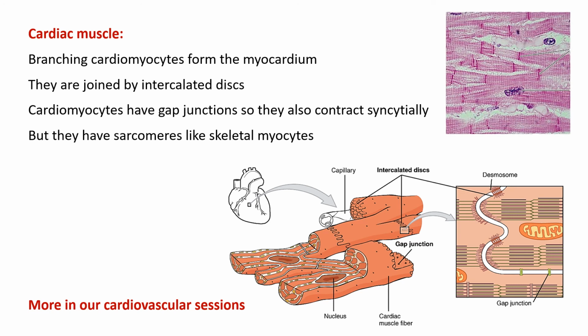Because they've got gap junctions, they also contract simultaneously or syncytially. But in this case, the arrangement is different to smooth muscle in terms of contraction because they contract in exactly the same way as skeletal myocytes because they have the same internal structures of sarcomeres.